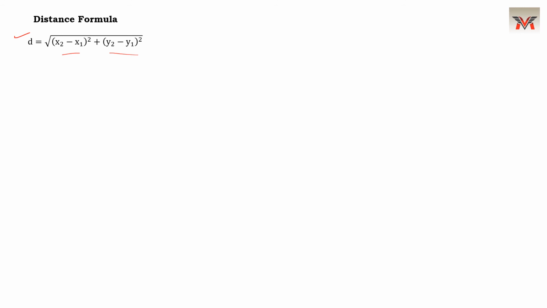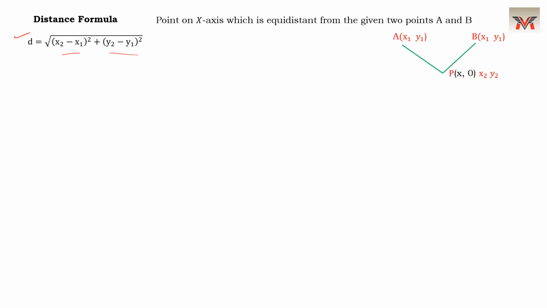So in today's class, what application have we seen? We have seen about the point on x-axis which is equidistant from the given two points A and B, and this is the diagram we can consider. We are considering A and B, as well as the point P which is on x-axis.